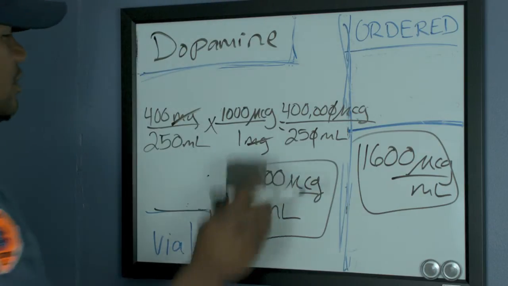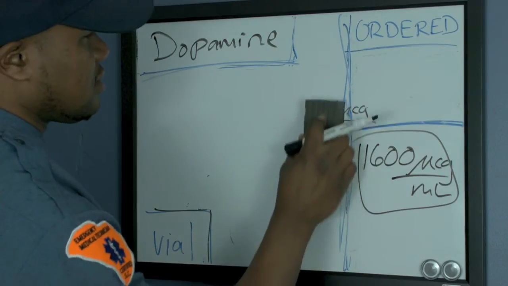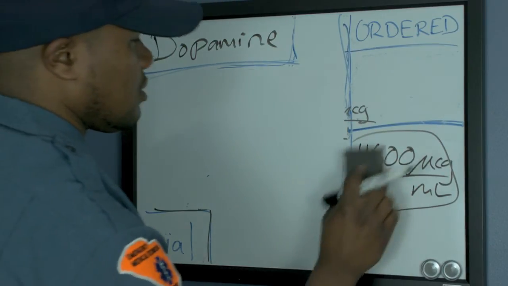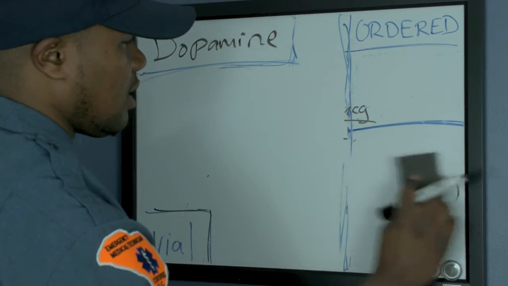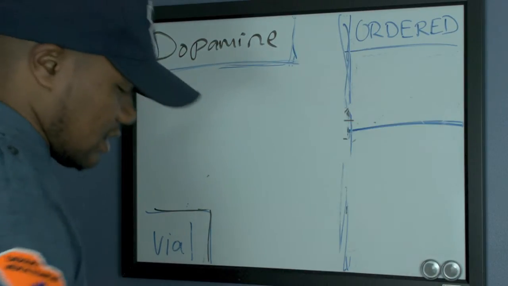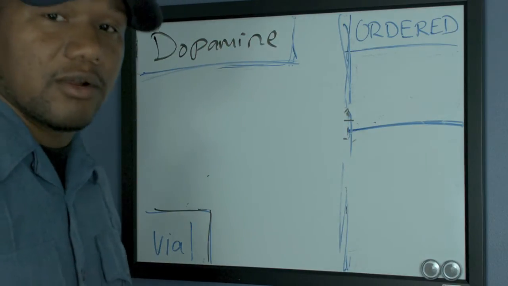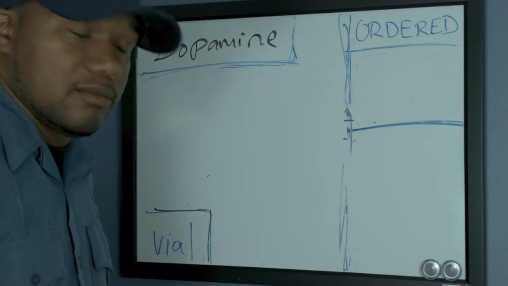Alright, now, once you have that information, you know what your concentration is. So what a doctor will normally order, you may have standing orders to do what we call 5 to 20 micrograms per kilogram per minute.